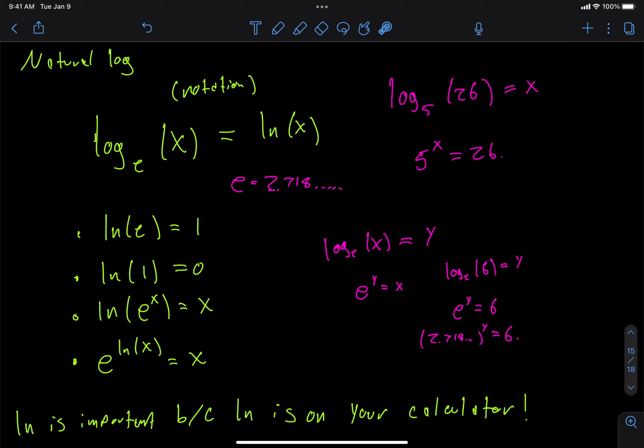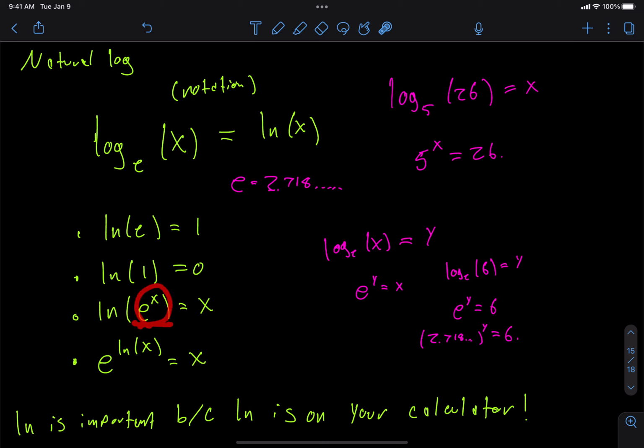Okay, so what are the properties of the natural log? By the way, the shorthand is ln. I feel like it should be nl, but whatever. ln of x is what we write instead of log base e. So ln of e, log base e of e, is always 1. Log base e of 1 is still 0. Why? Because (1, 0) is always on the graph of a logarithm, right? ln of e to the x.